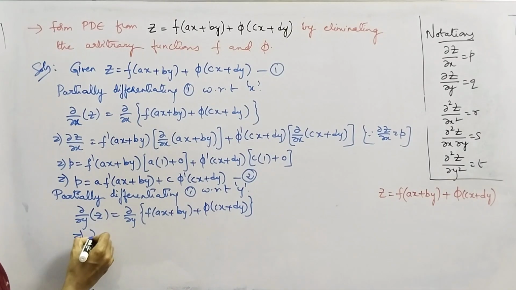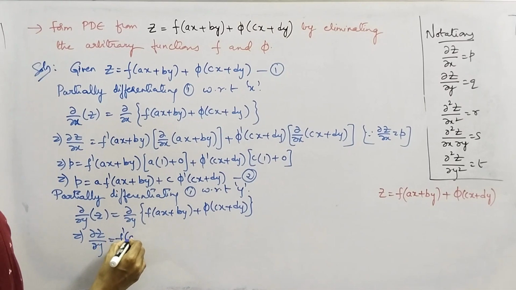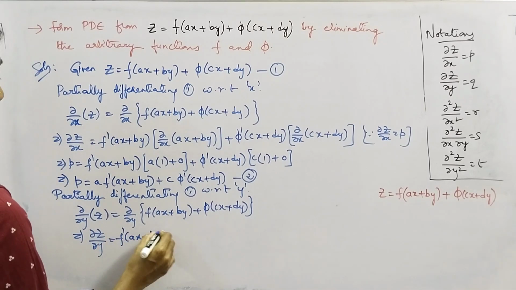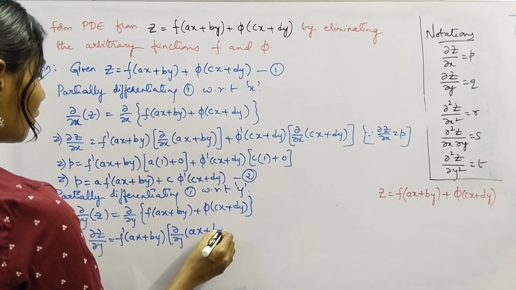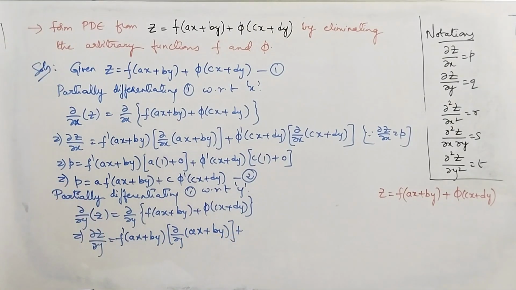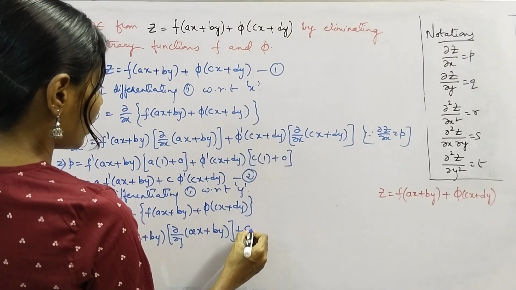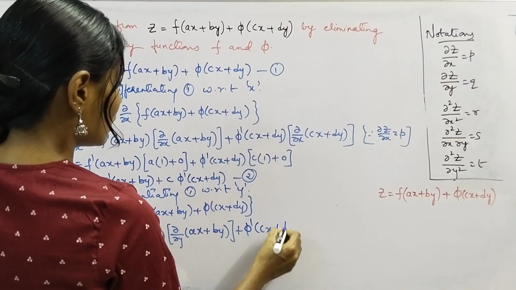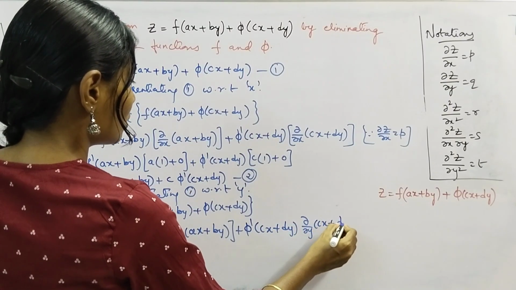This gives us dou z by dou y equal to, here we are partially differentiating with respect to y, so treat x as constant. Partial derivative of f with respect to y is f dash of ax plus by into inner derivative dou by dou y of ax plus by plus partial derivative of phi of cx plus dy with respect to y is phi dash of cx plus dy into inner derivative dou by dou y of cx plus dy.